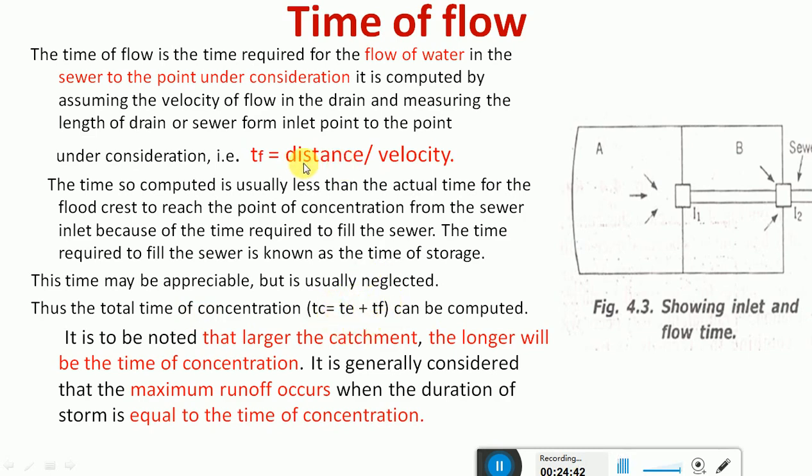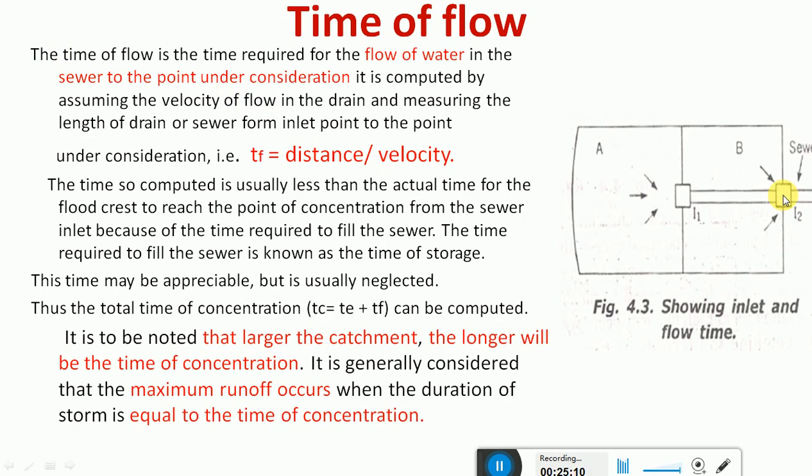It is given by the distance traveled divided by the velocity with which the water is traveling. It can be noted that the larger the catchment area, the longer will be the time of concentration. That means if you have a sewer at this point and a very big catchment like this, the time required by the rainfall drop to travel from the farthest point will usually be more.